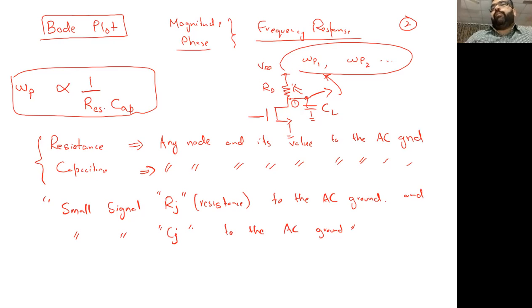If you have multiple capacitances, your system is going to have multiple poles, resulting in a first pole, second pole, third pole. Each pole is going to add minus 20 dB per decade, minus 20 dB per decade, minus 20 dB per decade, right?